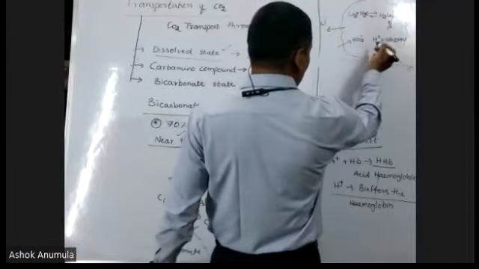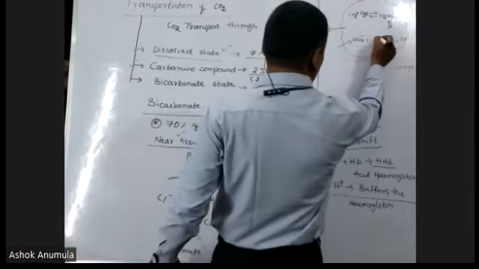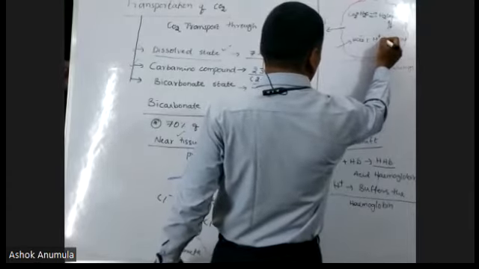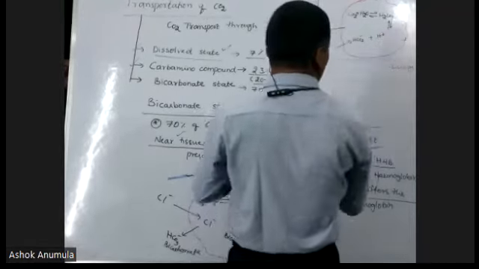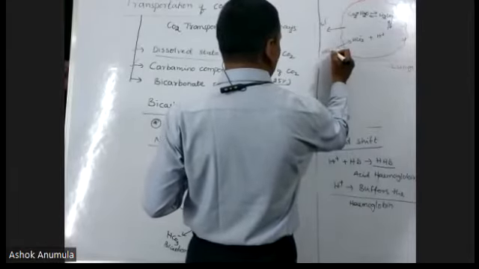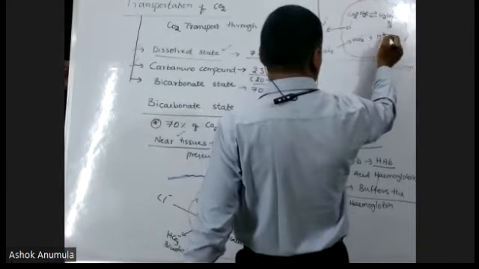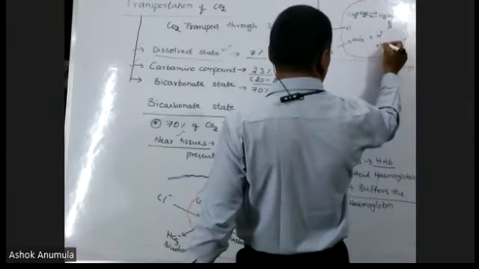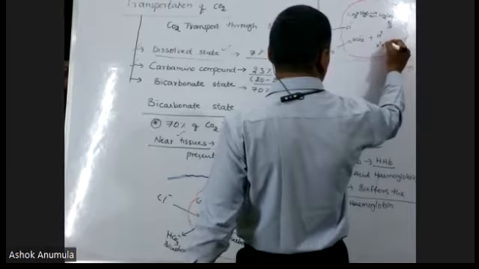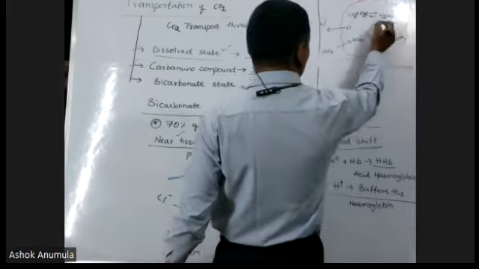When HCO3 minus enters into the RBC near the lungs, it must combine with H plus and develops into H2CO3.